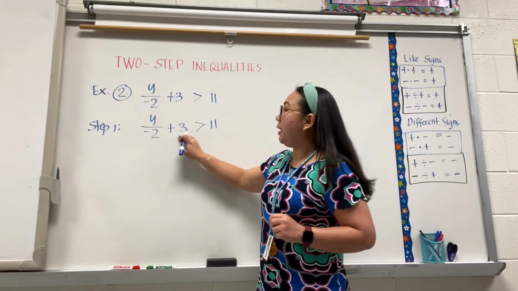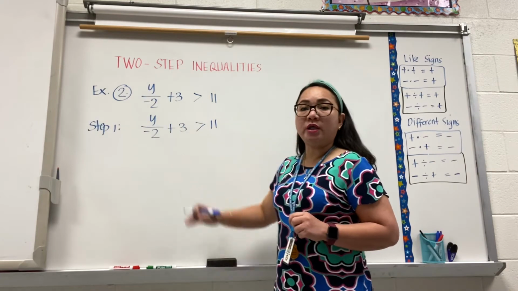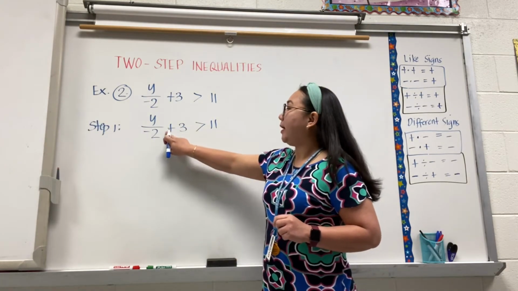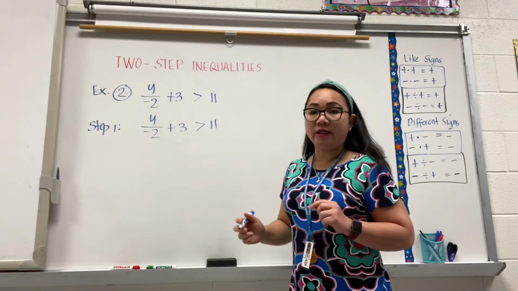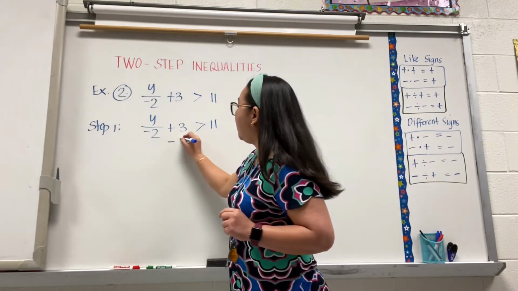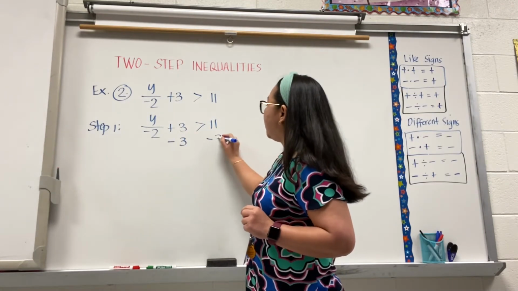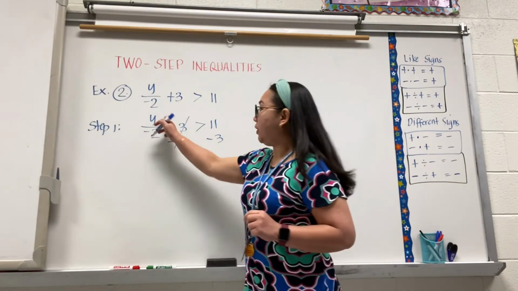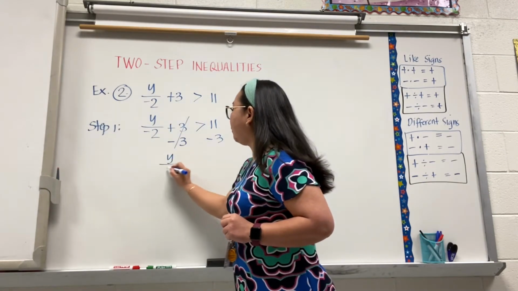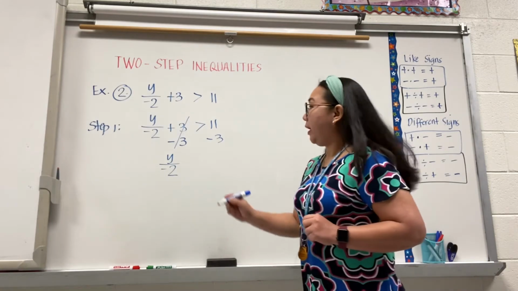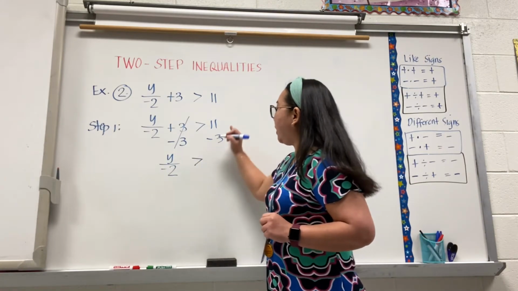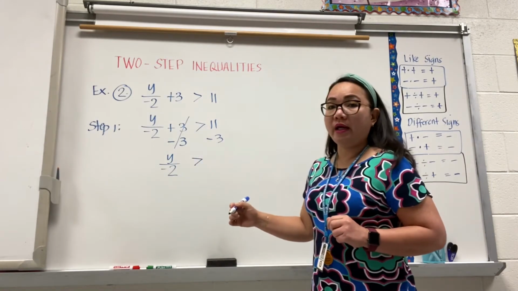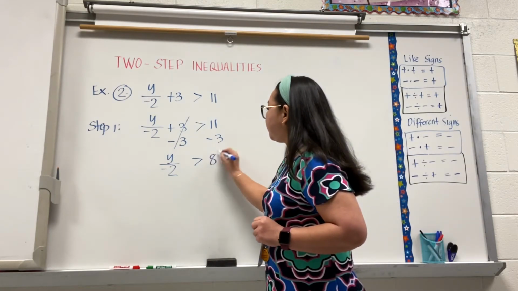We will eliminate positive 3 first. We see an addition sign, so the inverse is subtraction. So subtract 3 from both sides. Then cancel this out. So the leftover is y over negative 2. The symbol is greater than, and we have 11 minus 3 is 8.